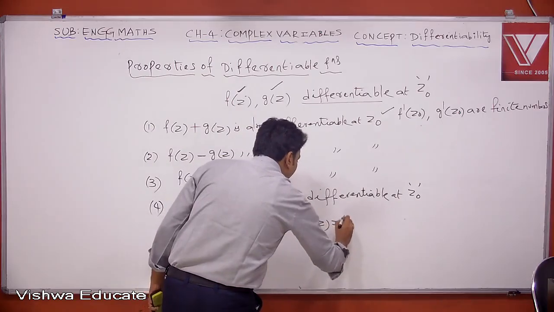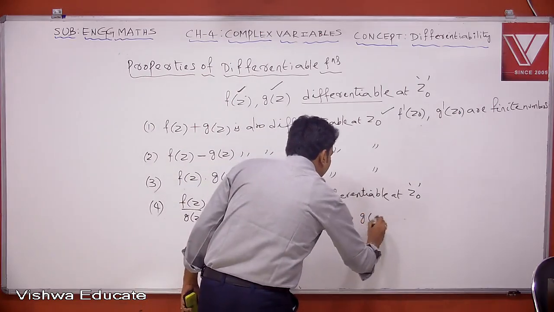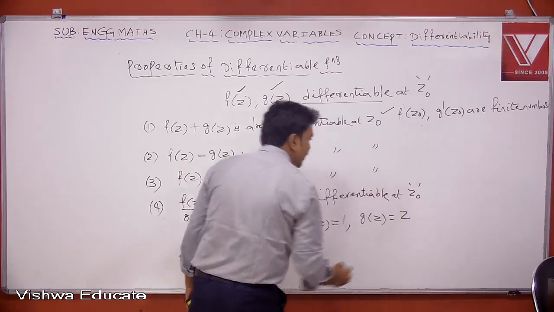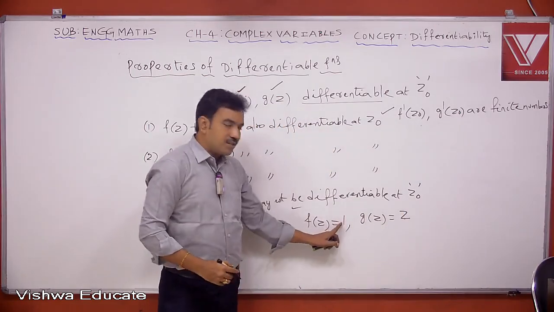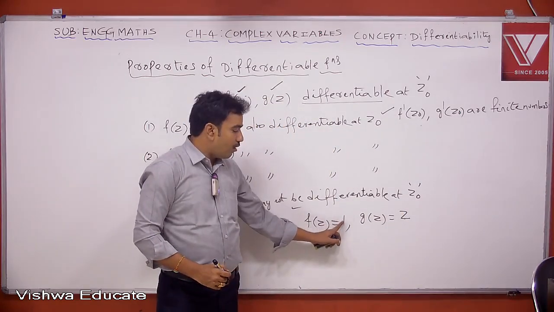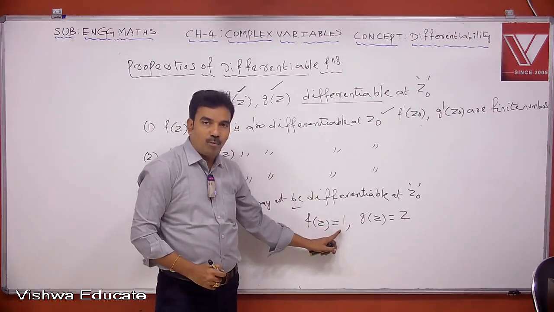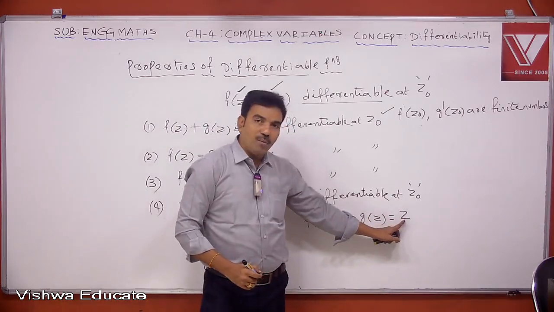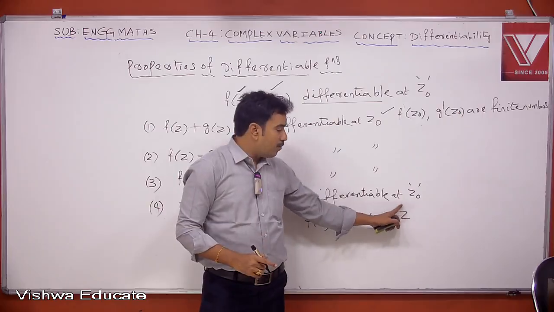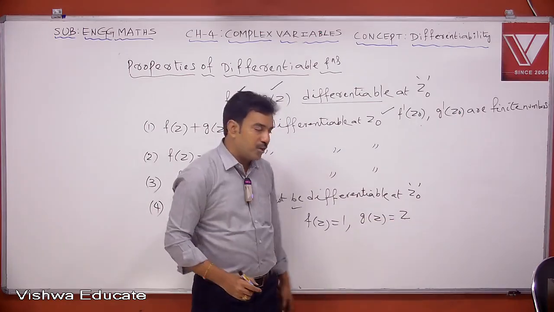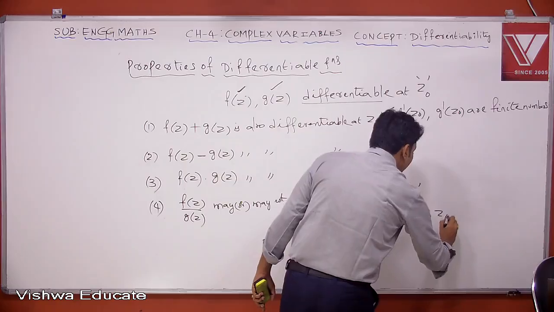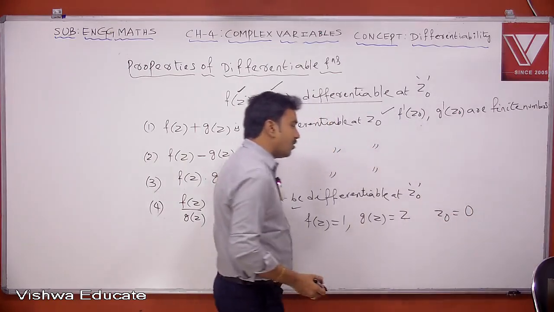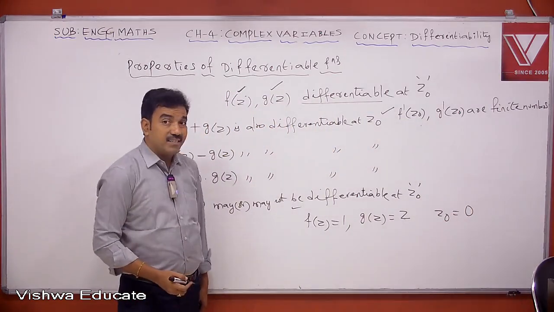Suppose f of z equal to 1, g of z equal to z. Now this is a constant function. We know that all constant functions are differentiable at all points. This is a polynomial expression, z power 1. All polynomials are differentiable at all points. In particular, both are differentiable at z0. Here in particular, z0 is taken as 0.